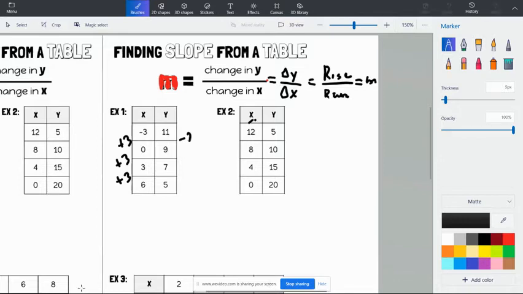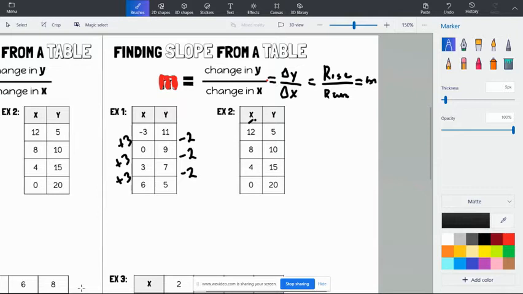Our change in y, same thing. 11 and 9 is -2. 9 to 7, -2. 7 to 5, -2. This one, it's not increasing by 3. It's going down by 2, but those are our y values. So each time you go to the next point, it's going down by 2. So all you have to do is plug it into the formula up here. Change in y over change in x.